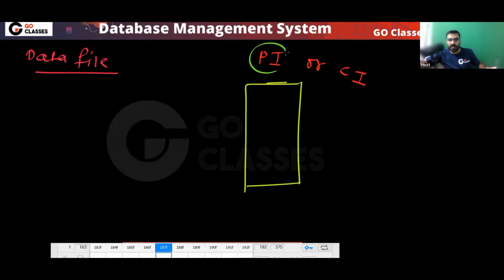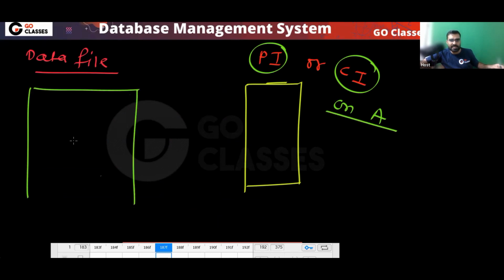If you are creating a primary index or clustering index on attribute A, then it automatically means that A is sorted here.